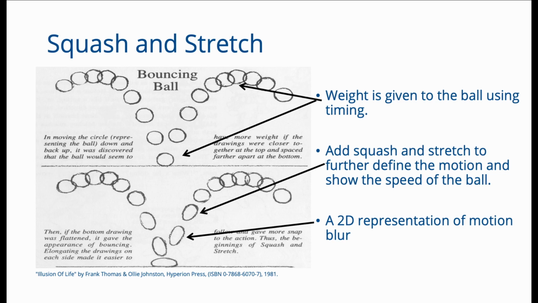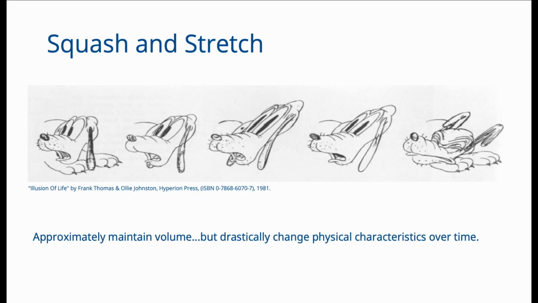So squash and stretch both are necessary for giving an idea of weight and for giving an idea about the motion, the speed of the ball along with the timing. So here, this was a simple example of squash and stretch. Here is a more complex example of squash and stretch.